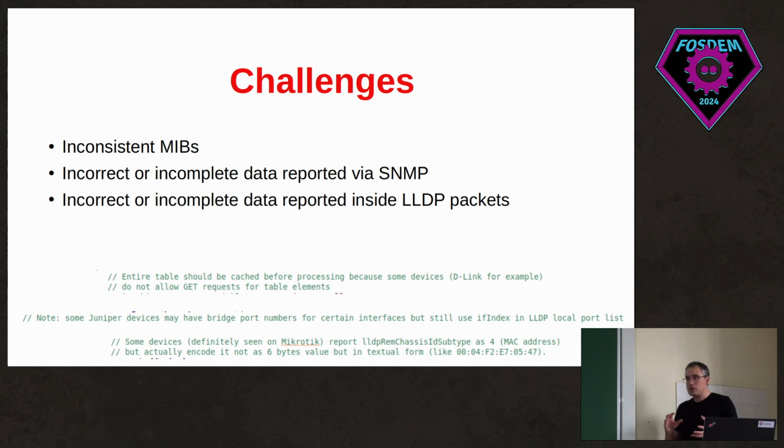So we actually have a lot of code inside the monitoring to deal with inconsistencies and incorrect data in the MIB in devices from different vendors. Those are some comments from our code related to specific devices.